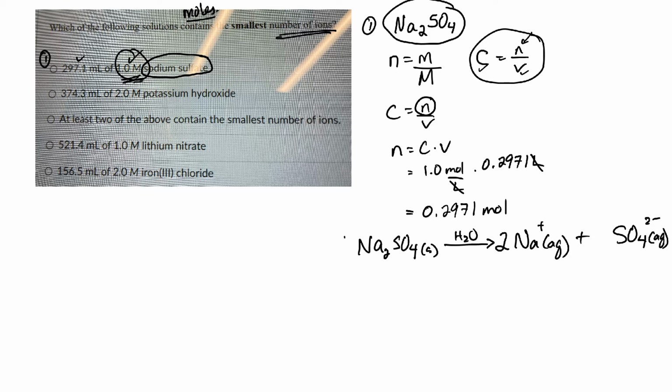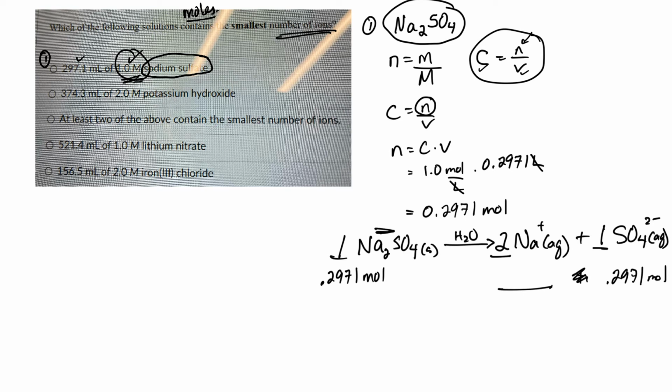So if I have 1 mole of sodium sulfate, it produces 2 moles of sodium ions and 1 mole of sulfate ions. So if I have 0.2971 moles of this, I'm going to need double of that for the sodium, and I need the same amount for the sulfate. So this will have 0.2971 moles of sulfate ions, and it'll also have whatever that is times 2.